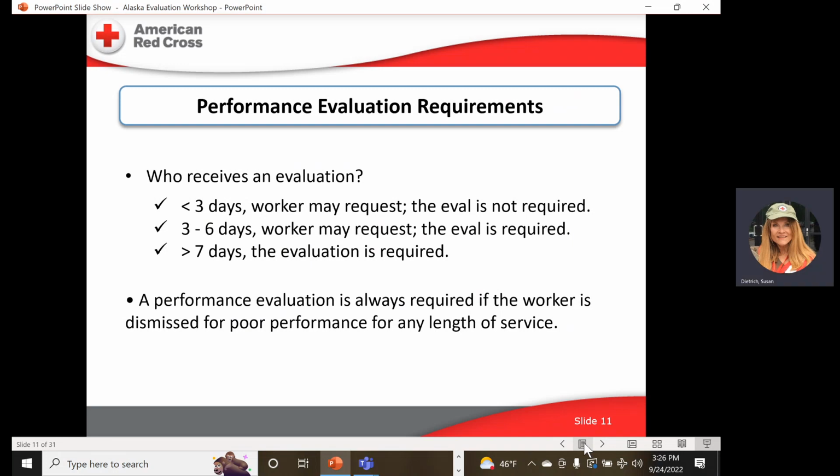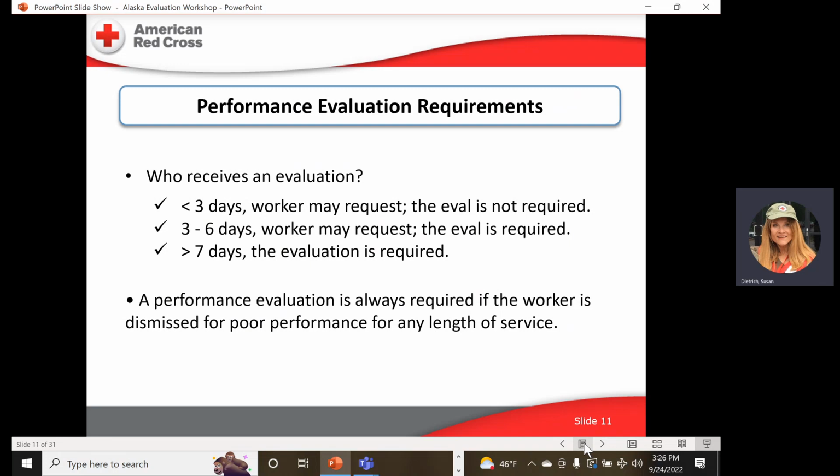If it's 3 to 6 days, the worker may request an evaluation, but the evaluation is not required. Now, mostly people will write an evaluation between 3 and 6 day service workers if it's requested. After 7 days, an evaluation is always required.